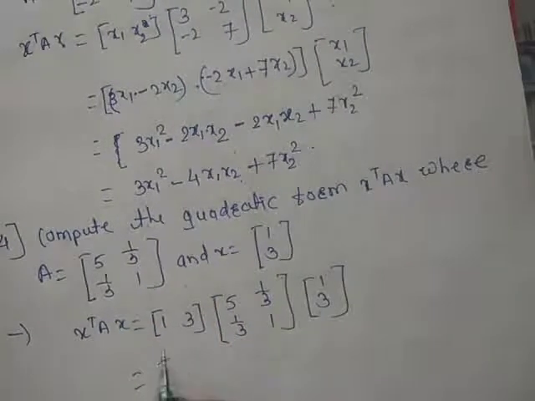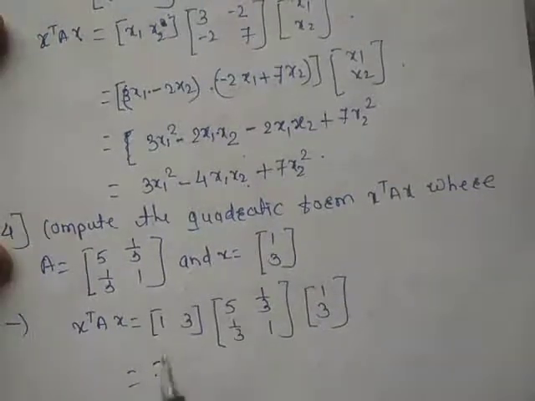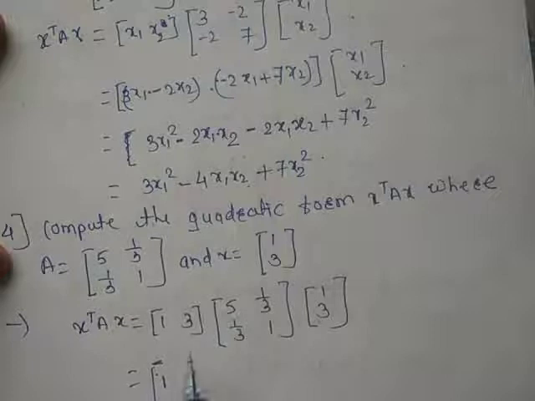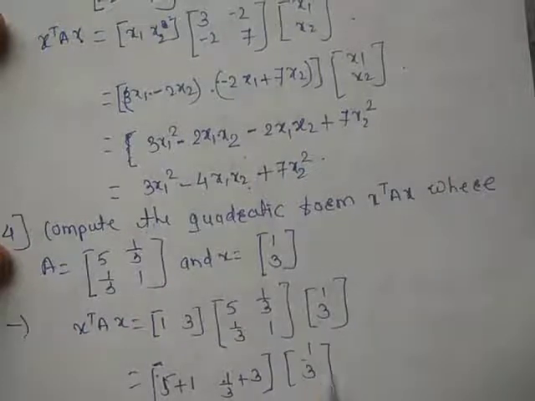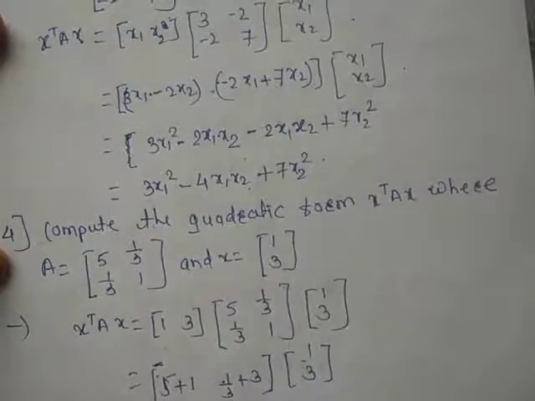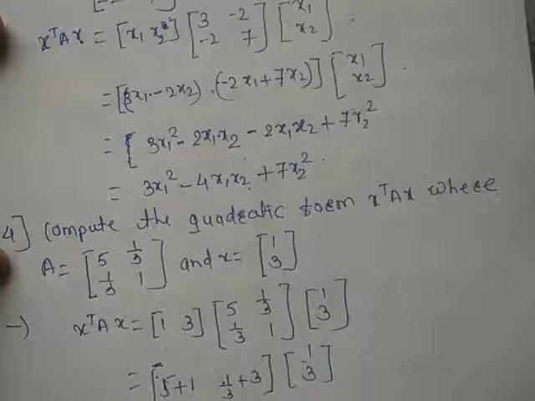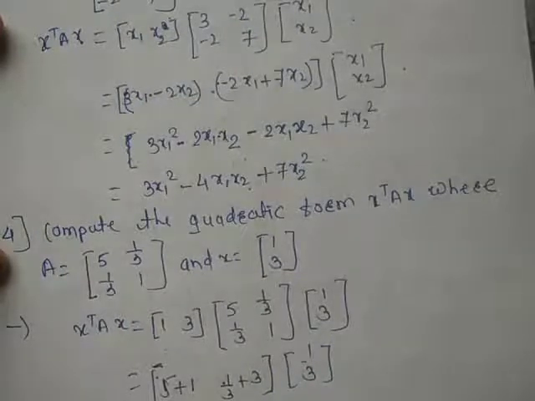You will get this matrix: 5 plus 1. Next element is 1 by 3 plus 3, which is equal to 6. This is 10 by 3 into 1, 3.